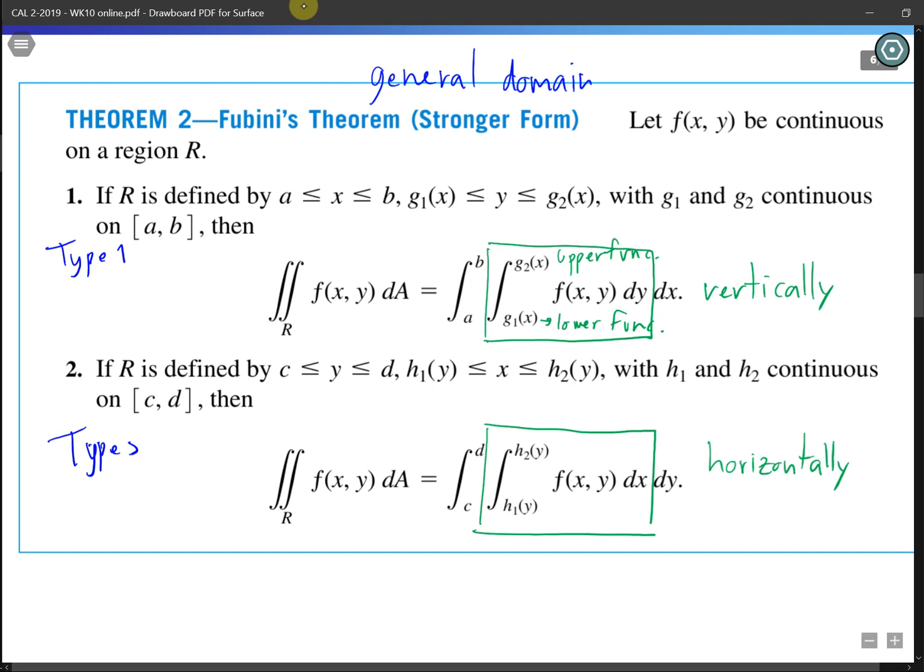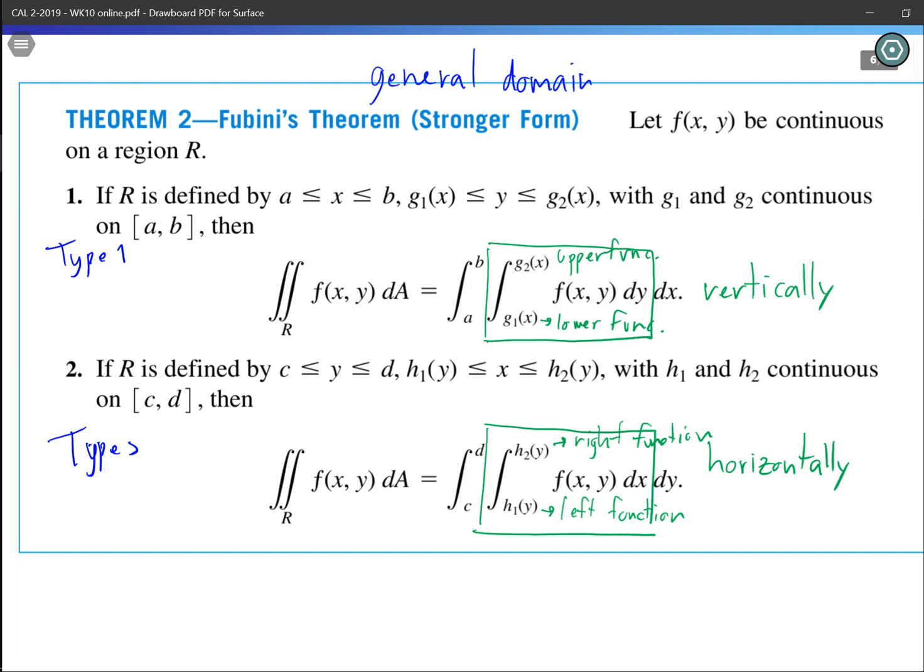So h1 here is the start, that is the left function, and up here is the right function, the end of the sweeping. So that is Fubini's theorem 1 and theorem 2, one for rectangular, one for the general domain.